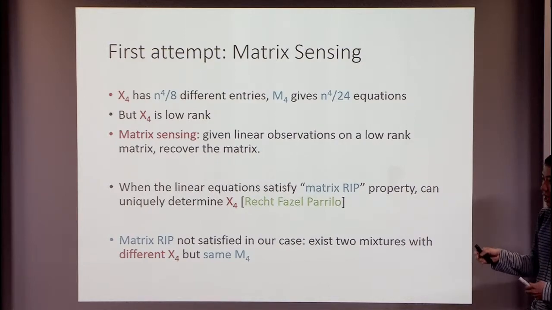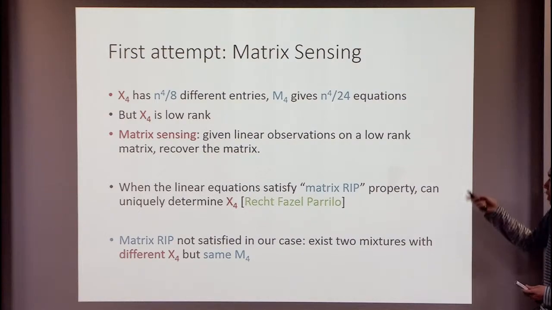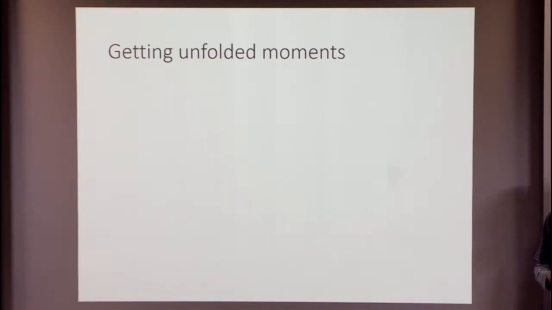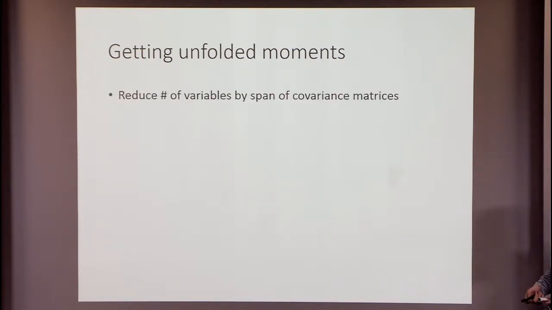There are many other properties in the literature, but none of them works in this smoothed analysis setting. If they don't work for some particular point, even if you perturb it, you cannot hope the properties to be suddenly satisfied. So we need to use some other way to get the unfolded moments. The idea is still, because it's a low-rank matrix, we can use this low-rank property to reduce the number of variables.